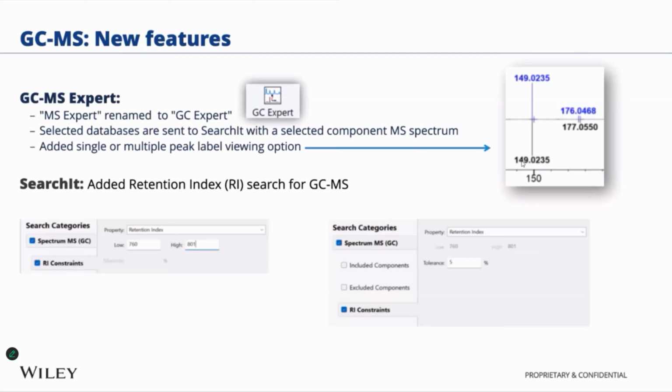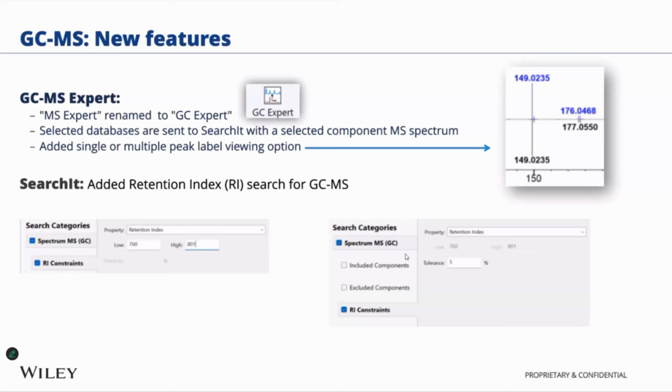And also, we allow people to display labels for both the extracted spectrum and the reference spectrum. In Search It, when you have a GC-MS, we automatically allow you the option to specify your retention index to go with that GC-MS spectrum. That would narrow down your search considerably.